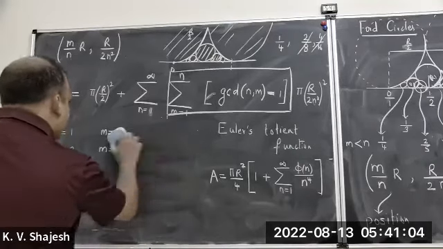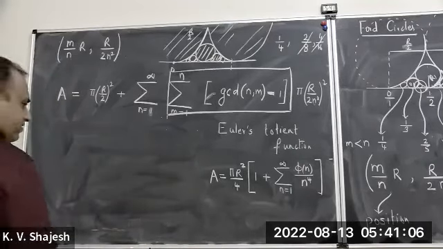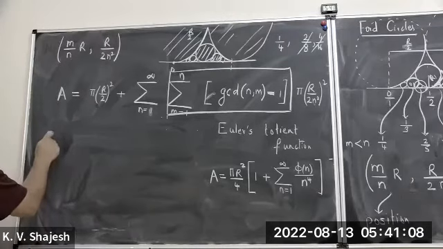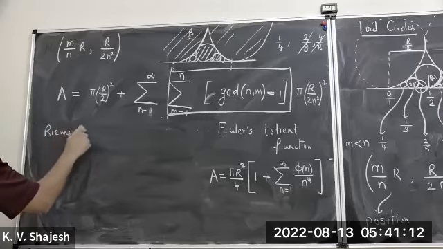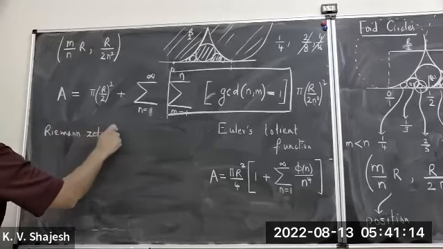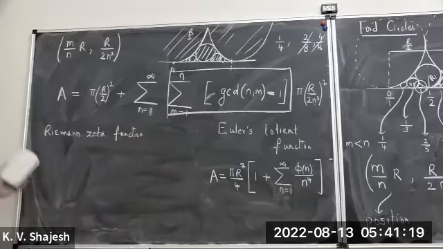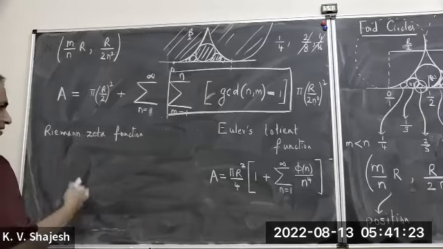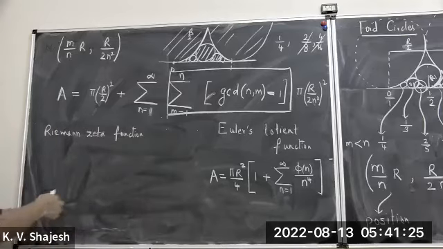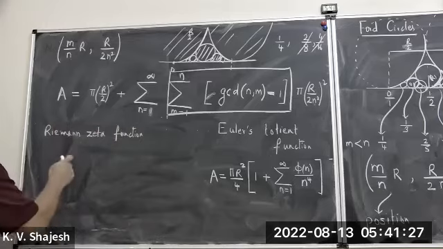So I would say let's define. This is the Riemann zeta function, very popular. The most popular unsolved problem in mathematics is connected with the Riemann zeta function. Many of them are popular ones, right?